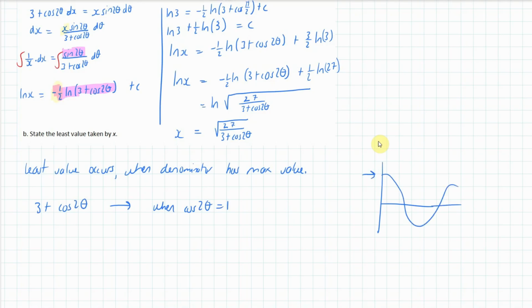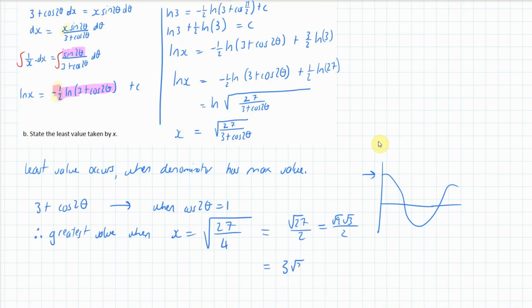So x equals the square root of 27 over 4, which is equal to the square root of 27 over 2, which is equal to square root 9 square root 3 over 2, which is equal to 3 square root 3 over 2. That's the least value taken by x.